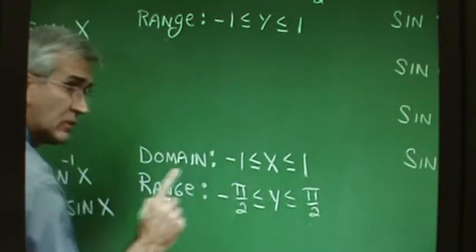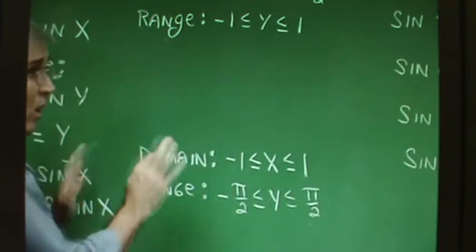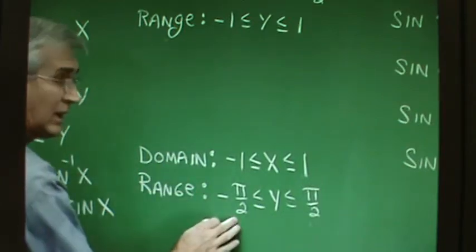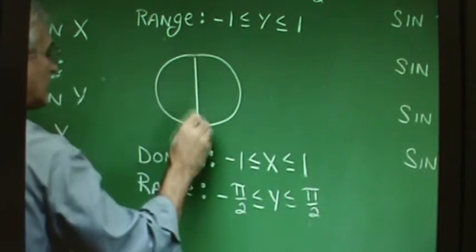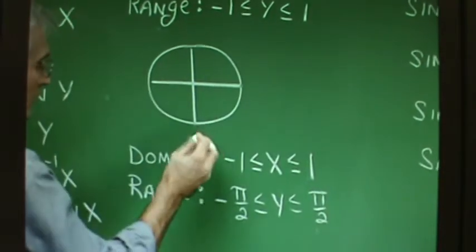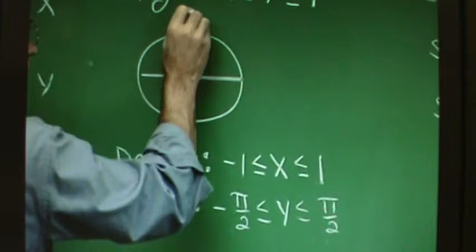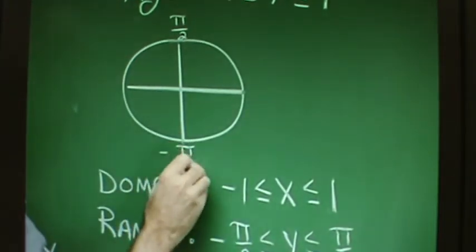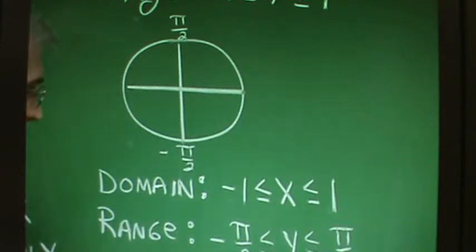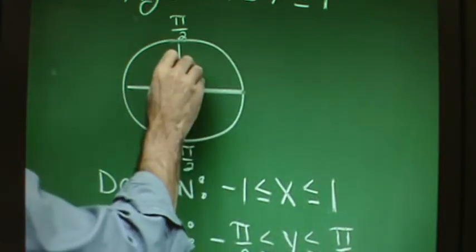And from the standpoint of quadrants, let's look at quadrants. Here's pi over 2. Here's negative pi over 2. So from negative pi over 2 to pi over 2, we're talking about these two quadrants.